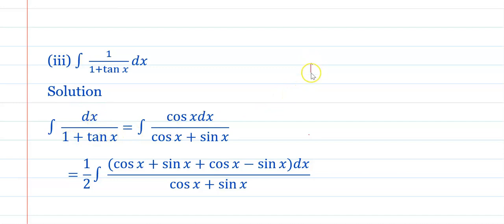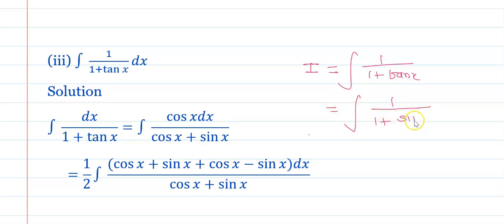If I write here, I is equal to integral 1 upon 1 plus tan x. Again, it can be written as 1 upon 1 plus tan x means what? Sin x upon cos x. And if we simplify this, then what will you get here?